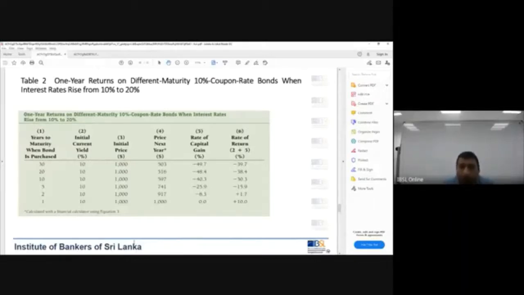is much stronger in terms of prices for maturities which are longer in nature. Longer-term assets have a significant impact from changes in interest rates.